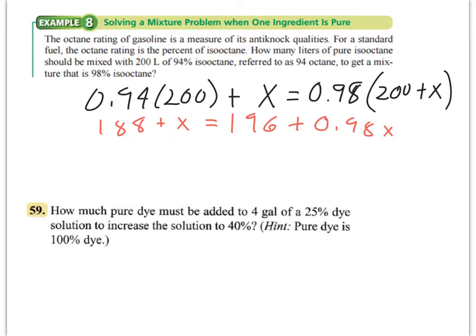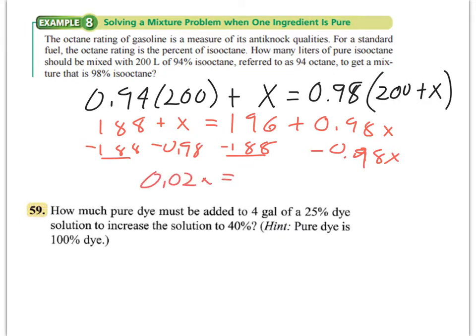Now the x's get a little bit weird, but I want to subtract the 0.98x from both sides. So this ends up being 0.02x equals 196 minus 188, which is just 8. So divide the 8 by 0.02, and we get 400. So 400 liters of the pure stuff in order to make that work out.